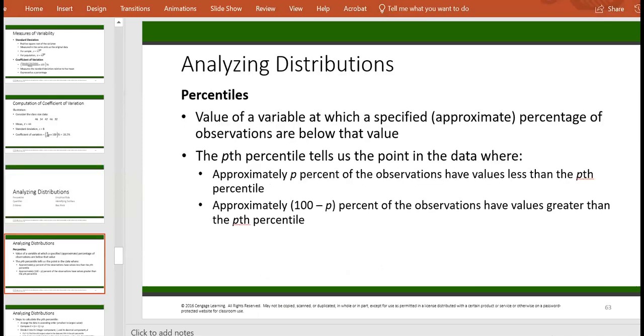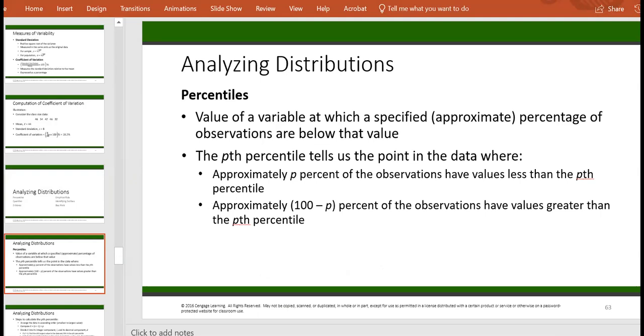Percentiles are the value of a variable, a specific value, at which a specified percentage, and that percentage is what we use for calling the percentile. So we will have the first percentile, second percentile, all the way to the 99th percentile, right?